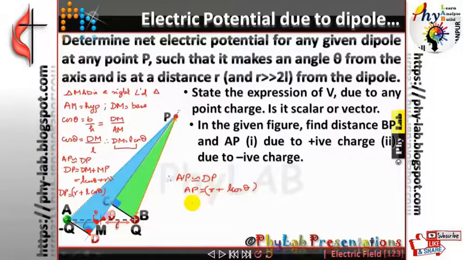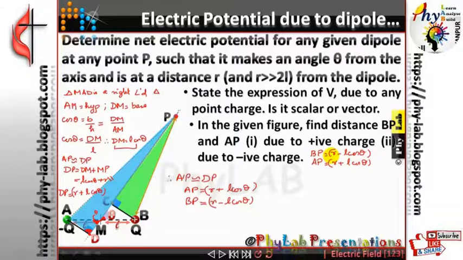We got AP as R plus L cos theta, and we got BP as R minus L cos theta. These two results we are going to keep over here for our further discussion. BP as R minus L cos theta and AP as R plus L cos theta.